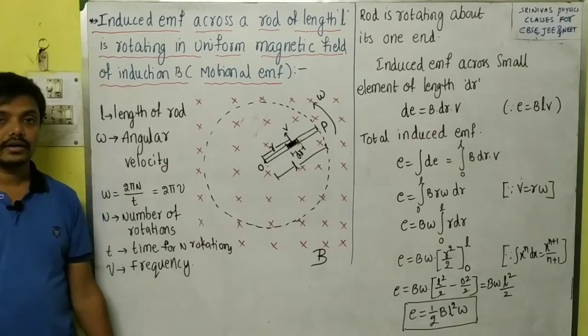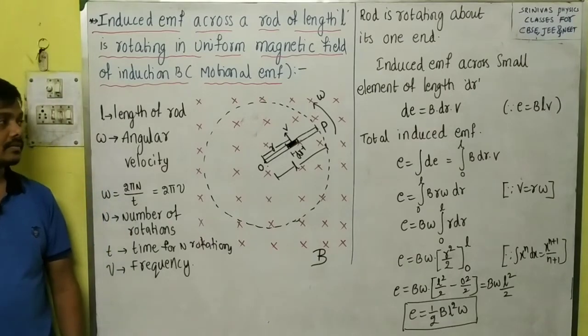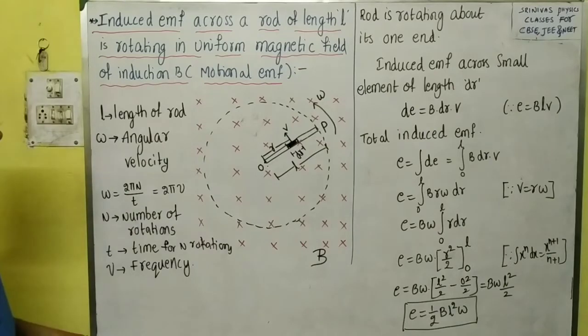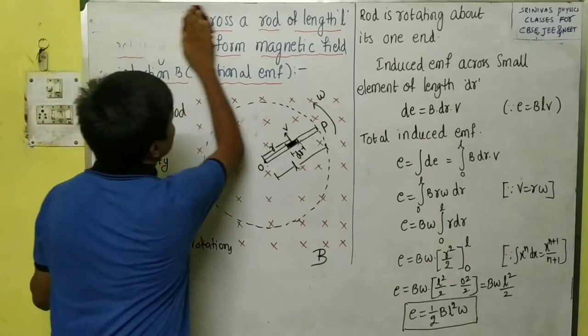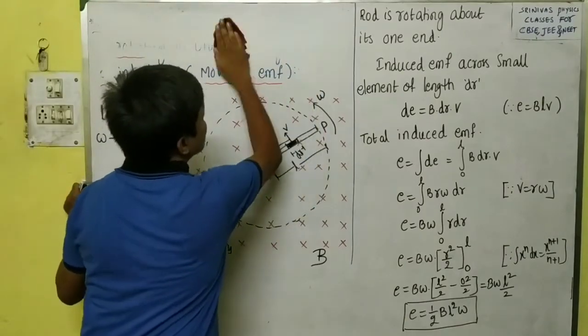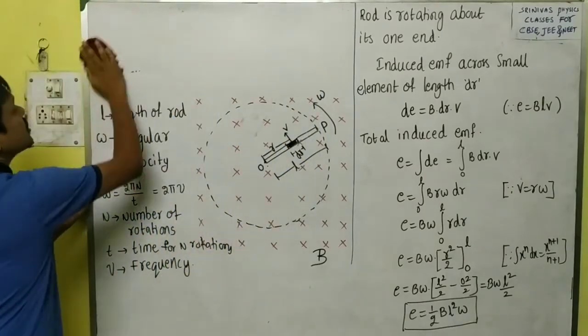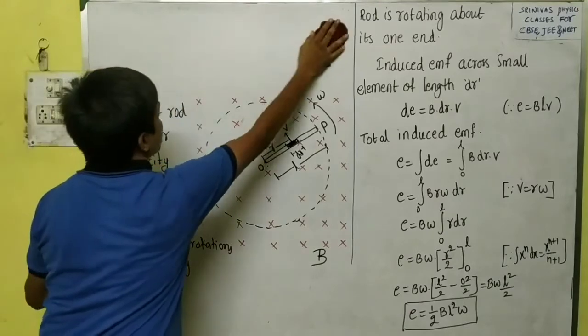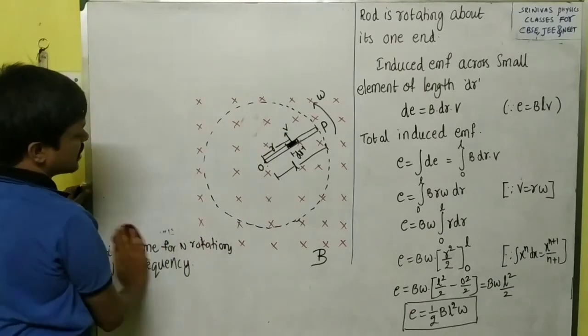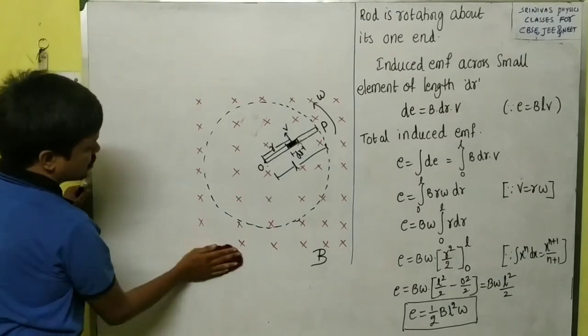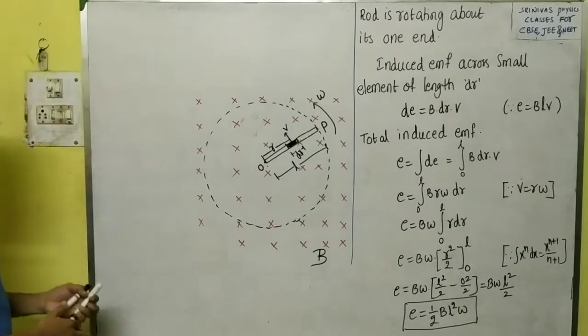Okay, completed? Okay, I'm going to rub it. Then after this, we already derived the induced EMF formula here. I want to know which is the positive terminal and which is the negative terminal. EMF is generated here.